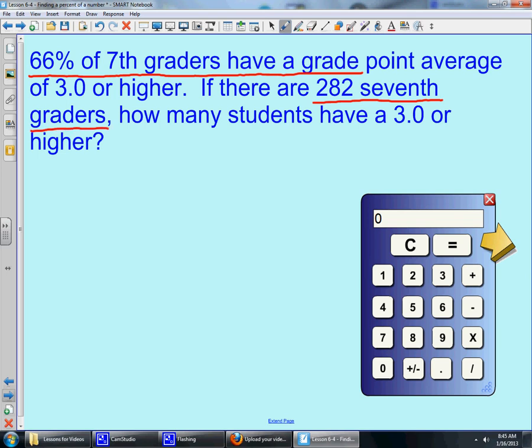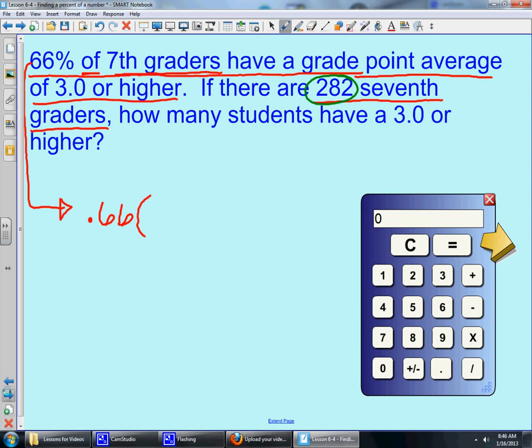So we're going to take this sentence right here and change it into a math sentence. So 66% we know is equal to 0.66. The word of here we know means times. And then we're looking for 7th graders that have a GPA of 3.0 or higher. Well, right here they tell us that there are 282 7th graders.